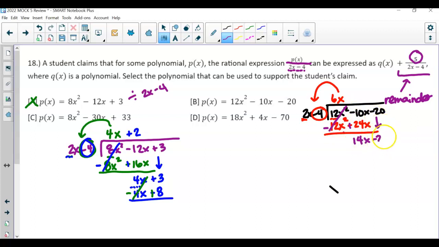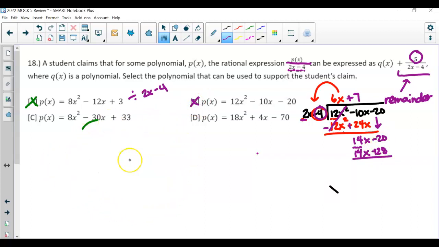Bring down -20. Now divide 2 into the new first term, 14. It goes into 14 7 times. So now when you multiply, that will match up, but 7 times also -4, which is -28. I can already tell I'm not going to get that remainder of 5 here because when you change the sign, you get 8. So B is not my answer. So now I'm going to go to C.